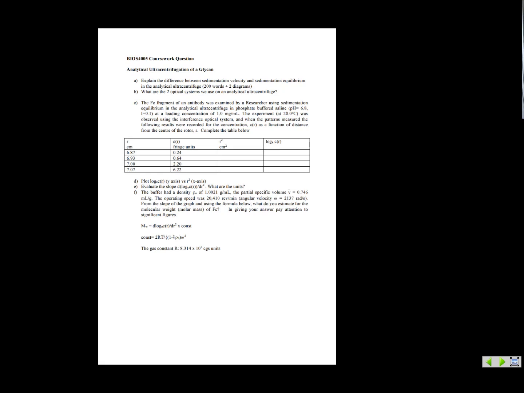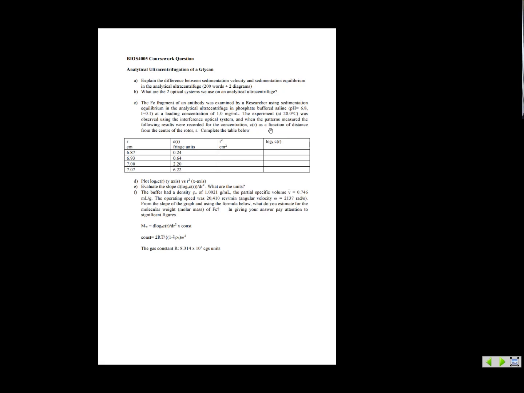So possibly within the limits of thermodynamic ideality, so a concentration correction or non-ideality correction is not necessary. The experiment at 20 degrees centigrade was observed using the interference optical system. And when the patterns were measured, the following results were recorded for the concentration C as a function of distance from the center of the rotor.